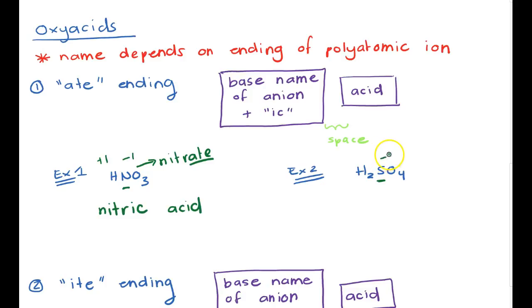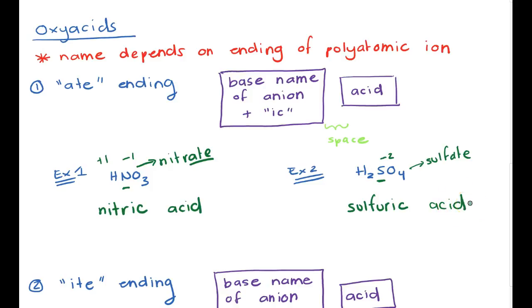Whereas sulfate has a -2 charge, so we need 2 of those H's to balance it out, to make it neutral overall. So when we're naming acids, the base name for sulfur is just going to be sulfur. Since we have sulfate, it will be sulfuric. We have a space, and then we write acid.